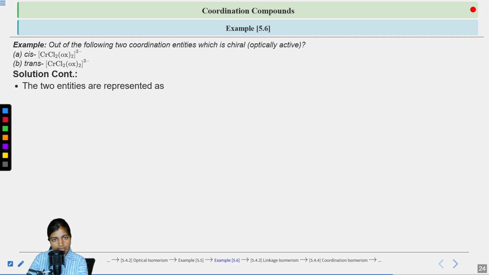So the two entities are represented as, the first is this one, the cis form, and the other is the trans form. Chromium is the central metal ion. When two chlorines are present adjacent to each other, it forms cis, and when two chlorines are present opposite to each other, it forms trans. This is optically inactive and this is optically active.